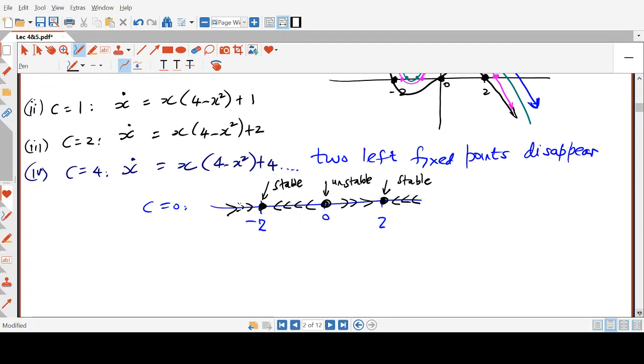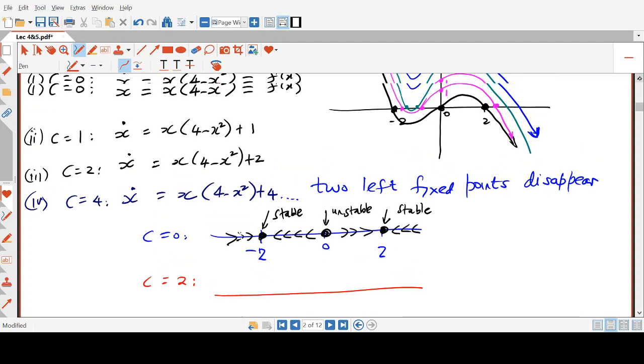All right, now if you take C equals 2, I won't take them all. Let's just take C equals 2. For C equals 2, I think I drew the green one. So you have minus 2, 0, and 2.